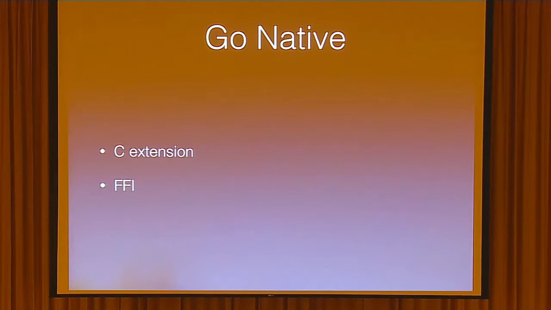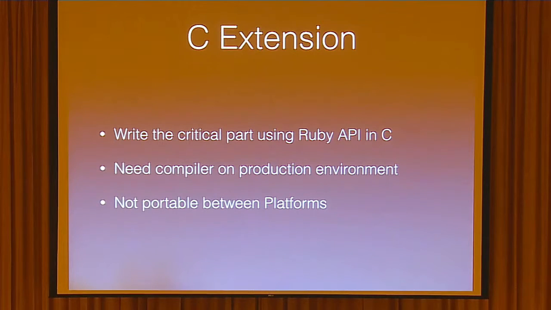There are two major ways to do this. One is using a C extension. Another is using the FFI gem. A C extension is writing the critical part using the Ruby C API. You write your critical part in C, using the Ruby C API to define Ruby functions and transform Ruby objects into C objects.